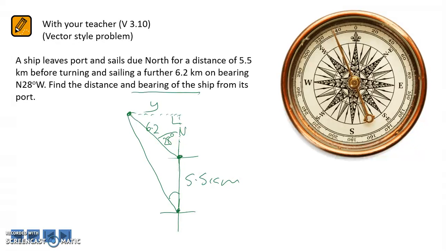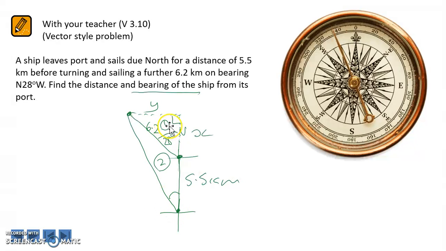What else do we need to find out to help us? We need to find this distance here. So again, we can use this angle and this distance, and let's call that side X. And then we can use that to find the total distance here. We'll have distance y, and then using Pythagoras, we can find our hypotenuse.